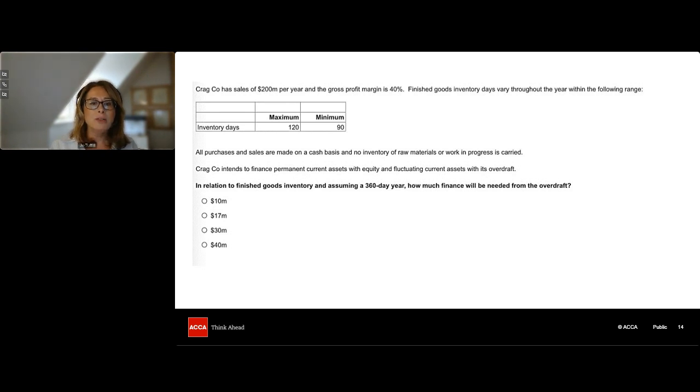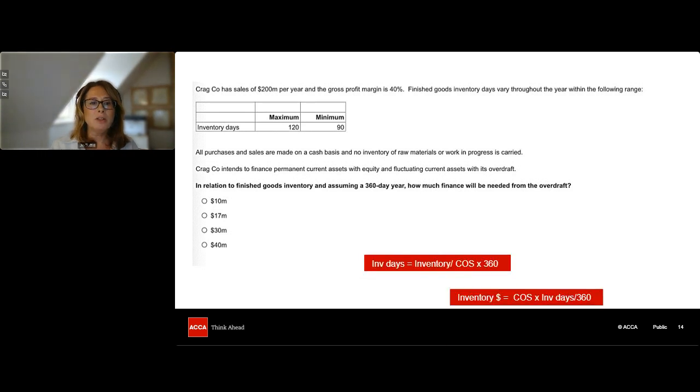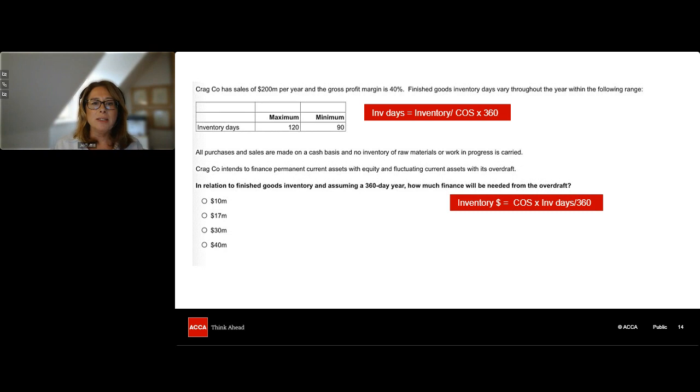And we should match finance. So we should be matching fluctuating current assets with short-term finance, i.e. an overdraft, and permanent current assets with long-term finance, i.e. equity. So we need to find out how much our finished goods inventory is for fluctuating purposes so that we can match it to the overdraft. So if you look at the top, the inventory days is inventory over cost of sales times 360.